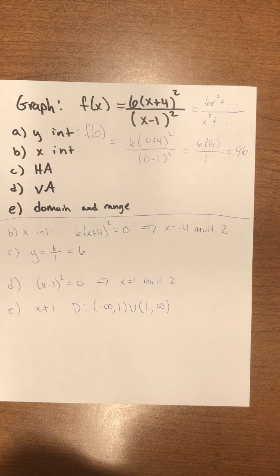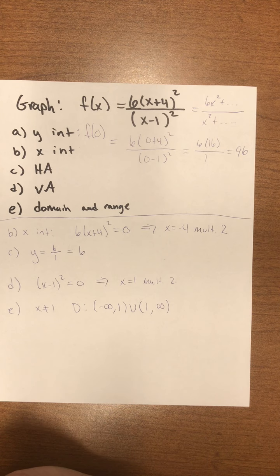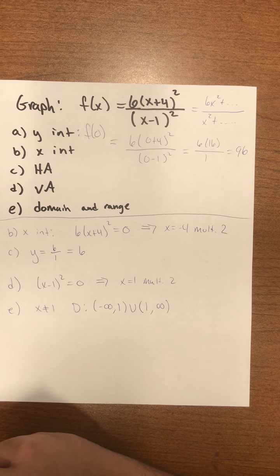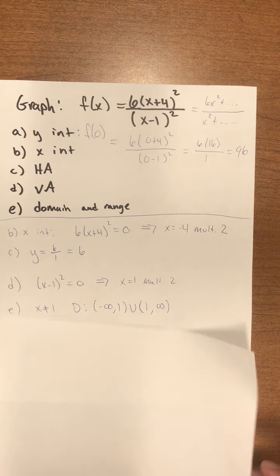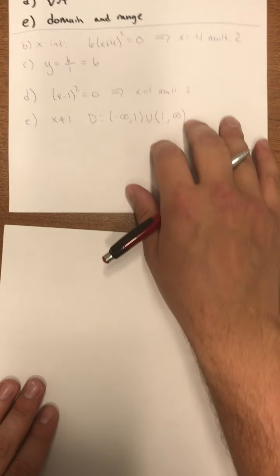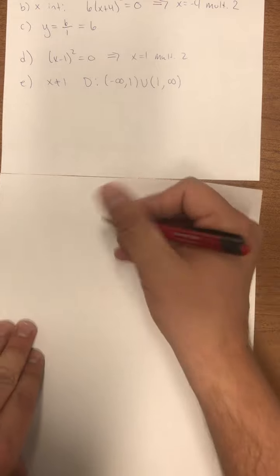Now, the range isn't as obvious without looking at the graph. So we are going to take a look at the graph and then see if we can figure out the range. So let's put all this information on a graph here.